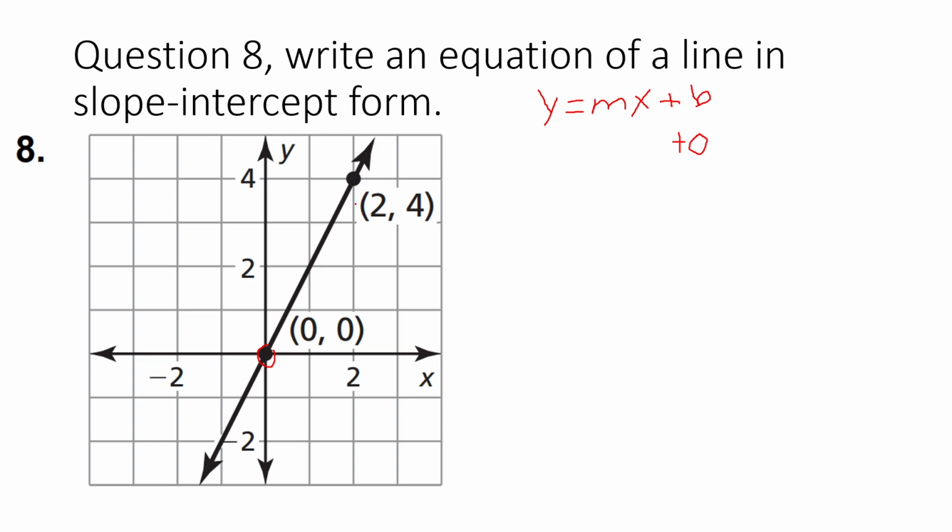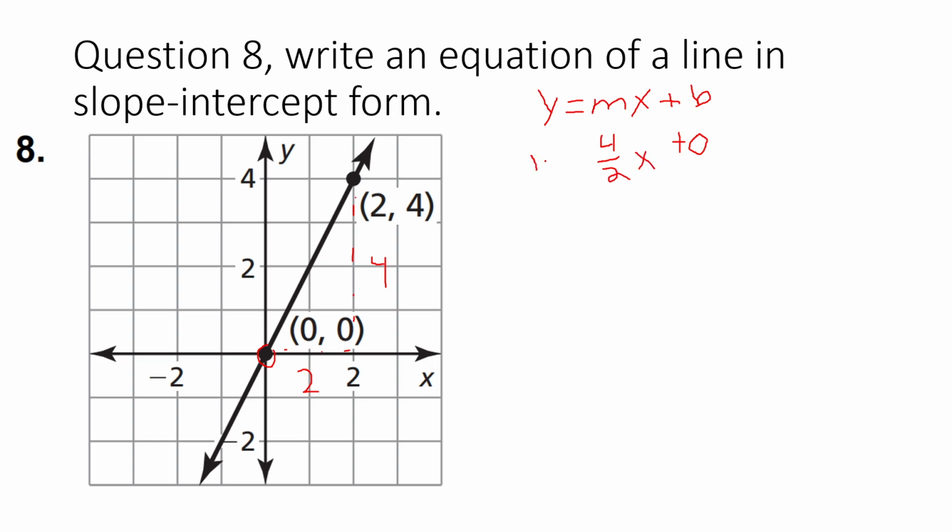So if you want to find your slope, there's a few different ways you can do it, but one way might be to draw in a slope triangle. You can ask yourself, how tall is that? Well, that triangle is 4 units tall and it's 2 units wide. So looking at that, you can say, well, that's 4 over 2 for your slope.